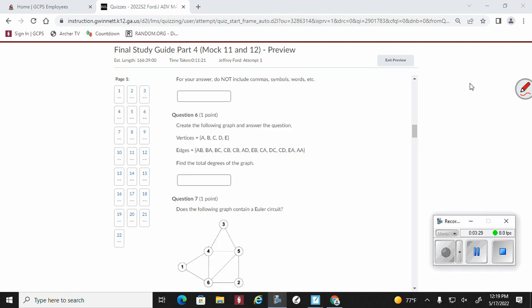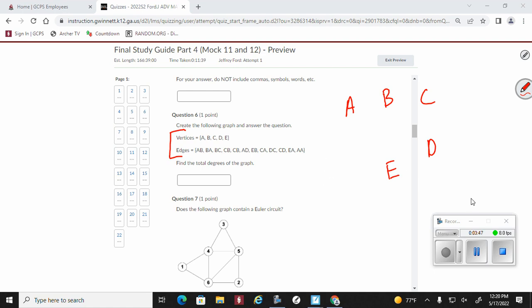All right, next question. We've got to draw. Here's what we're using: A, B, C, D, E, and F. Try to make it more in a circular pattern. All right, there we go.